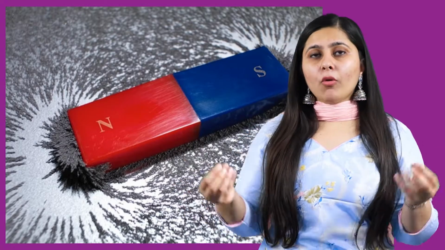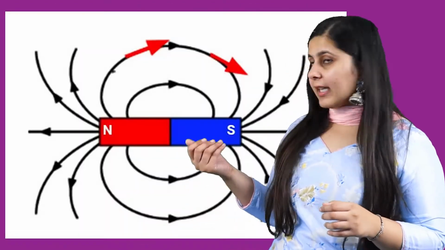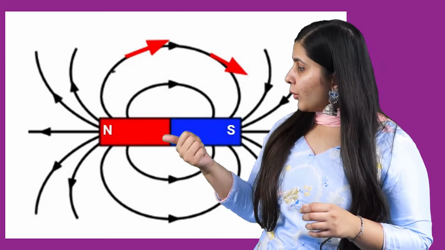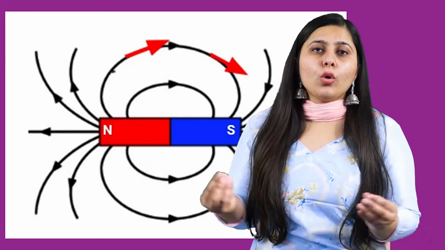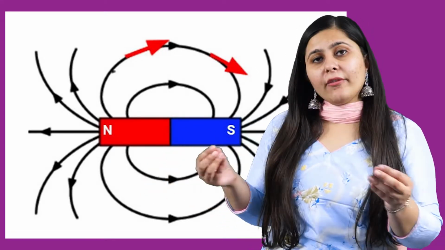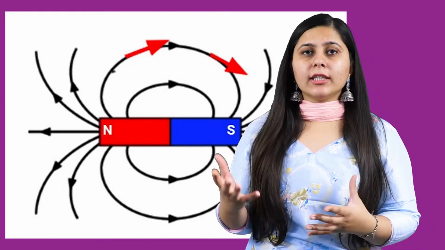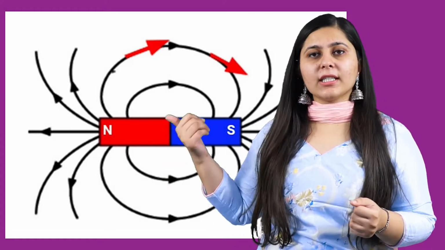What is the second characteristic of a magnet? Suppose this is a bar magnet, and you bring an iron nail very close to its south or north pole. The force of attraction that you will feel will be more. In this diagram, where the magnetic lines are closer to each other, it denotes a strong magnetic field.